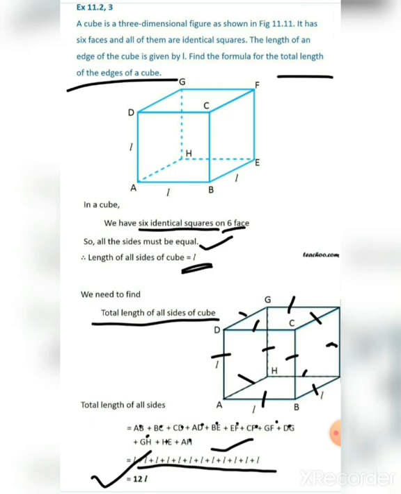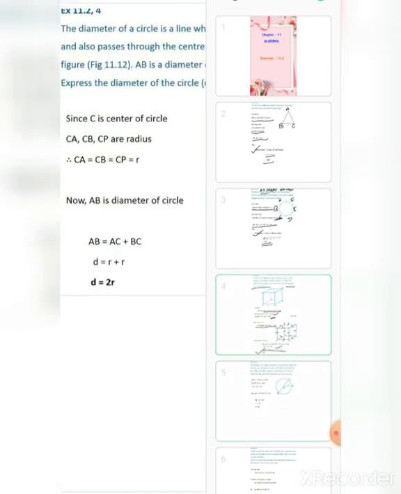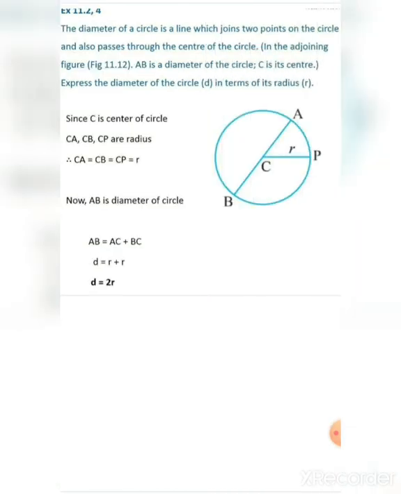Now the next sum is the fourth one. It is related to a circle. The diameter of a circle is a line which joins 2 points on the circle. This we know already. Diameter is a line which joins 2 points on the circle and also passes through the center of the circle.